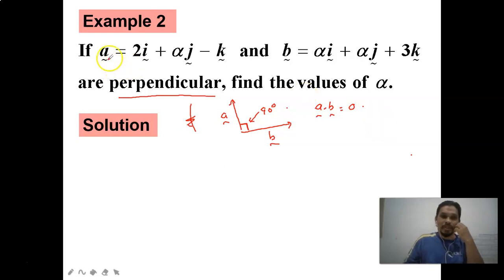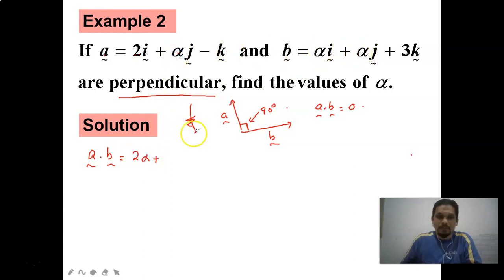So let's take a look at this one here now. For the scalar product of A and B, just imagine we multiply the magnitude of i with i. So 2 times alpha equals 2 alpha.